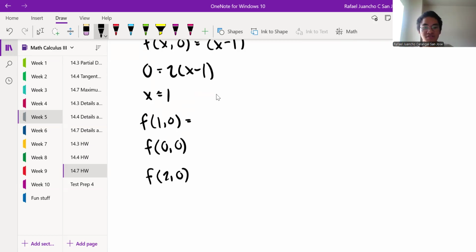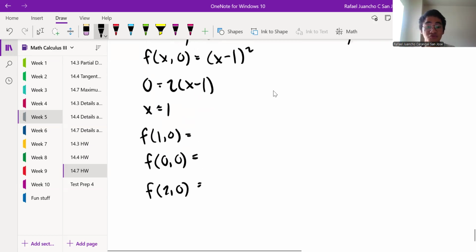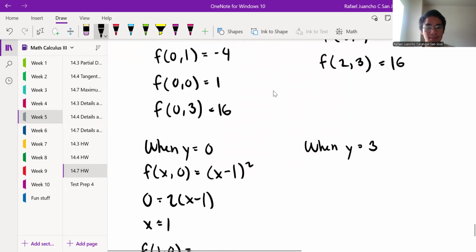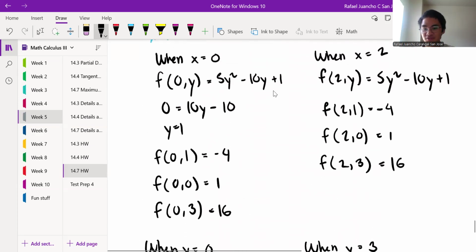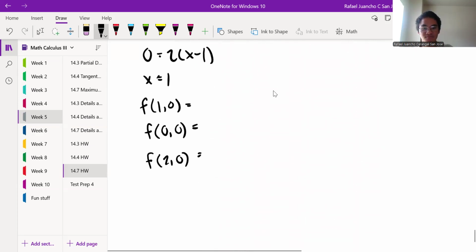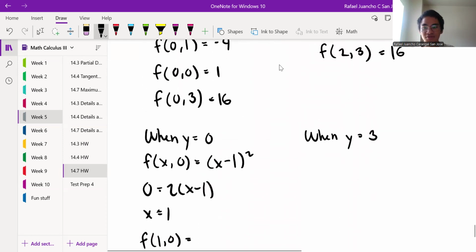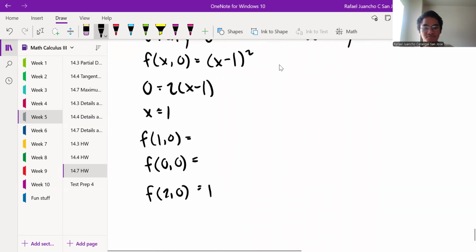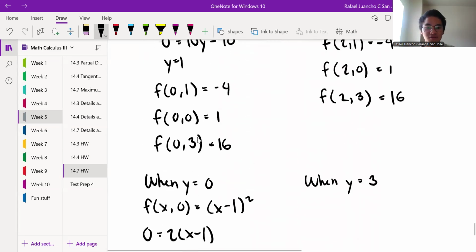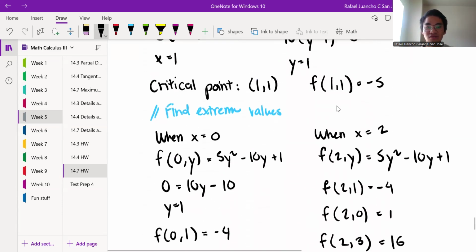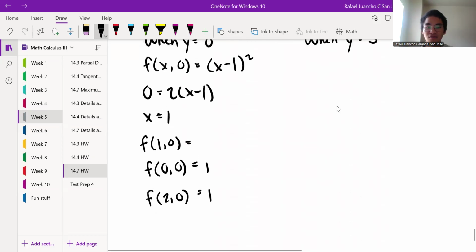Now, just to make our lives easier, did we already solve this before? We solved for 2, 0. 2, 0 is 1. 0, 0, 1. Now we haven't solved this, right? No, I don't think we have. No, we didn't.